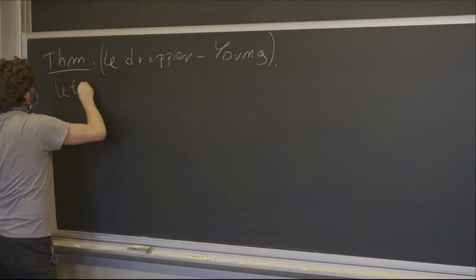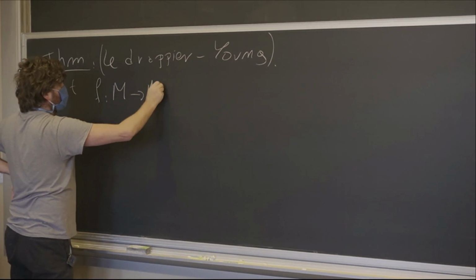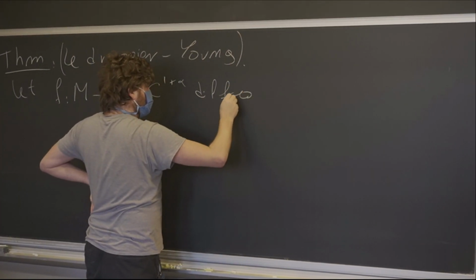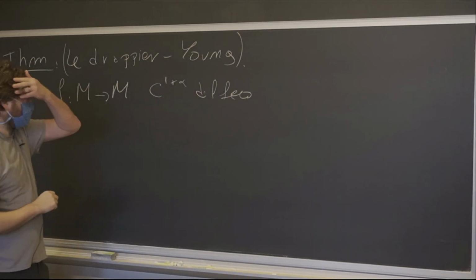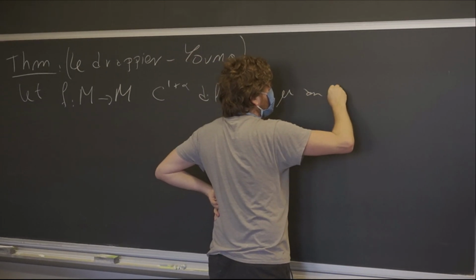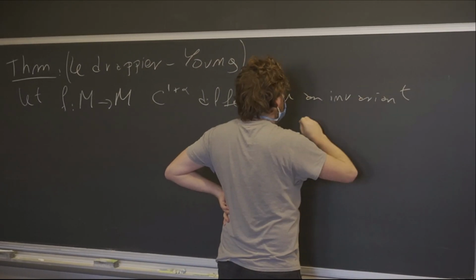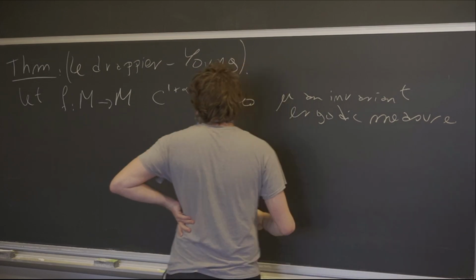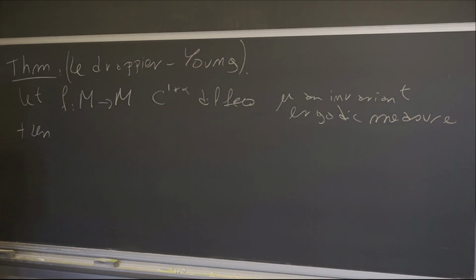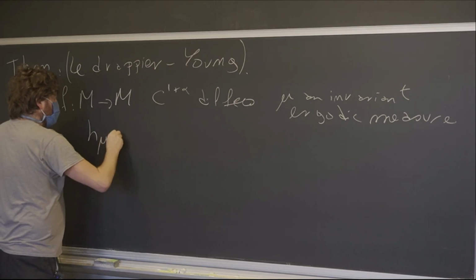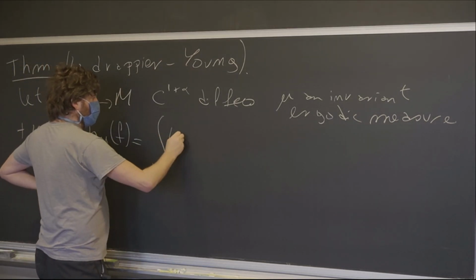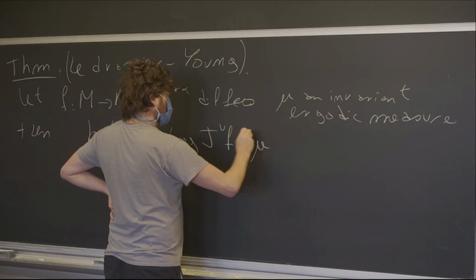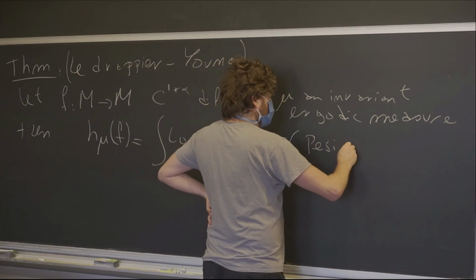Let f from n to m be a C1 plus alpha diffeo, mu an invariant ergodic measure, then h mu f is the integral of log of the unstable Jacobian of f d mu, and this is the Pesin entropy formula.